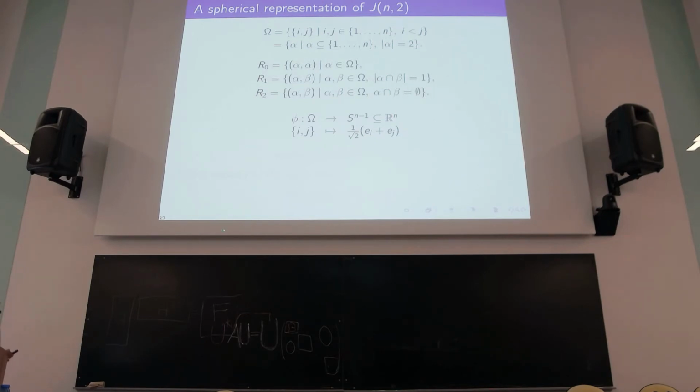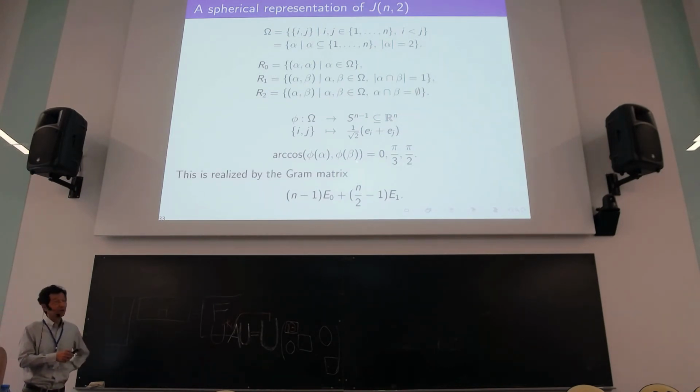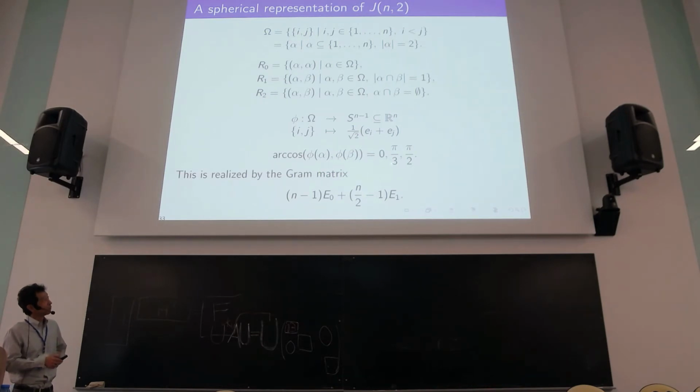This gives a mapping from the underlying set of the Johnson scheme to the sphere, and the inner product precisely corresponds to these three different relations. The angular distance is 0 if you have the same pair, and it's easy to see that the cosine is 1/2, so the angular distance is pi over 3. If you have a disjoint pair, they are orthogonal, so they form a right angle.